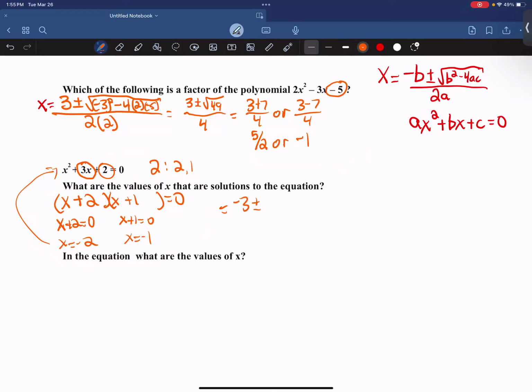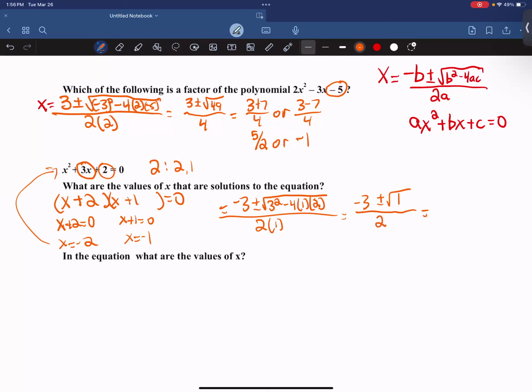Negative 3, because again, it's the opposite of b, plus or minus 3 squared, minus 4 times a times c, which is 2, all over 2 times a, which is just 1, equals negative 3 plus or minus 9 minus 8, which is going to be 1, all over 2.